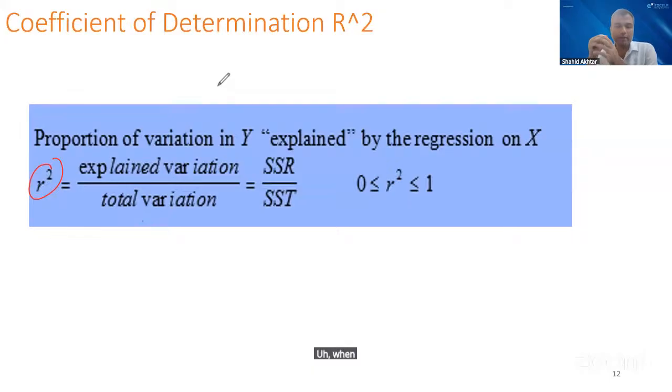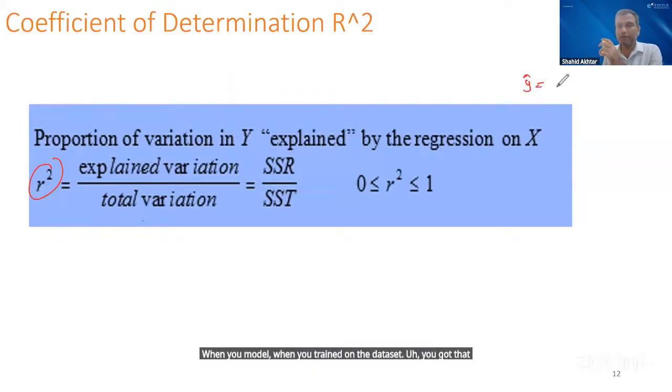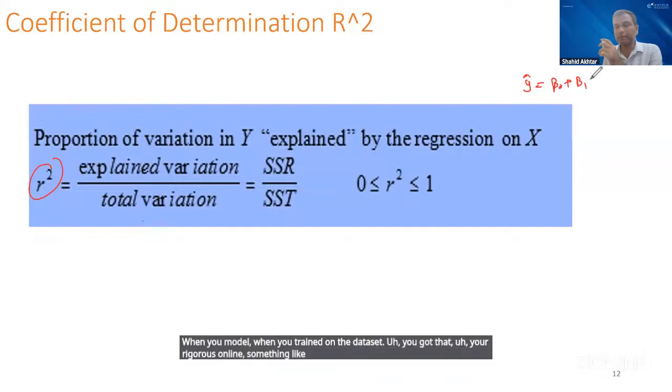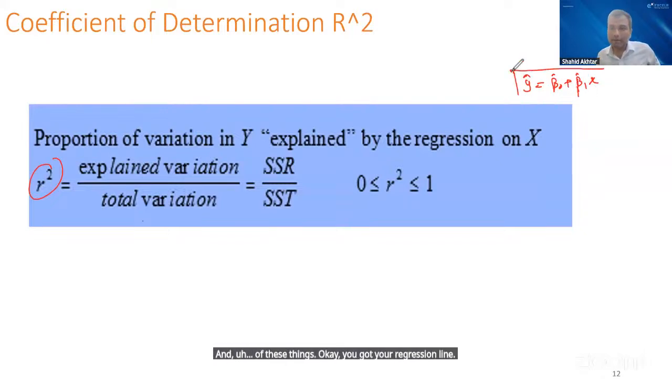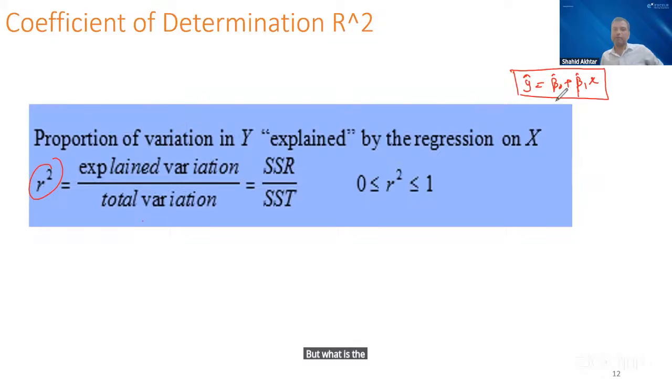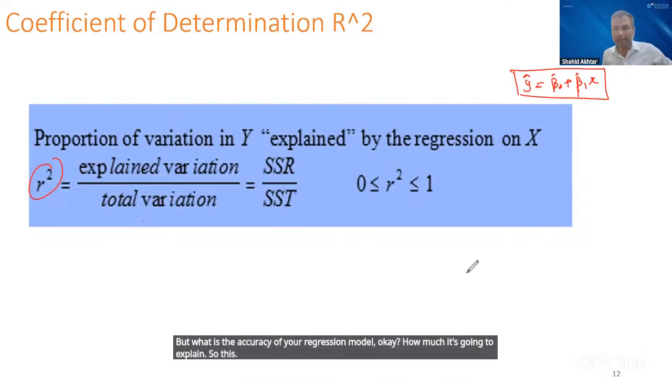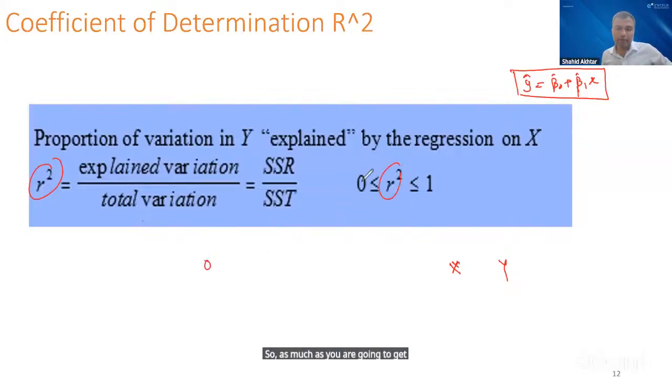When you trained on the data set, you got your regression line, but what is the accuracy of your regression model? How much is it going to explain? If you want to understand, you have X here and you have Y. So as much as you are going to get this R square value.